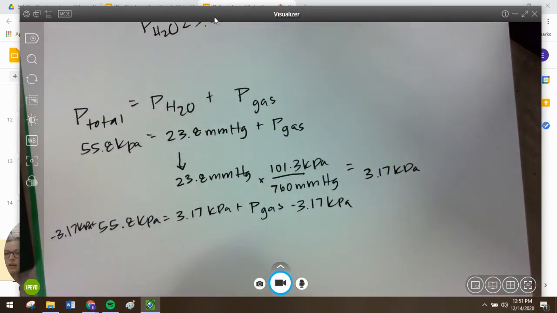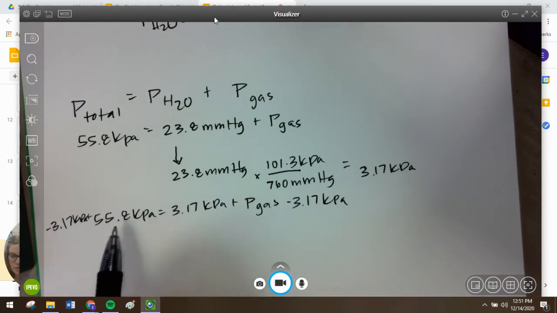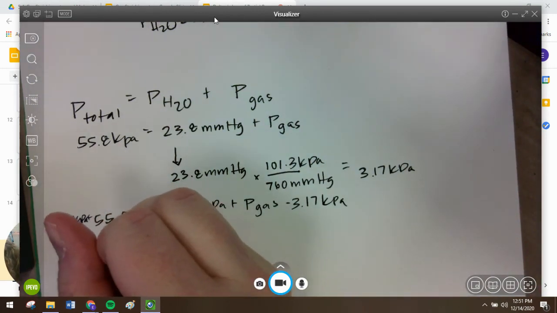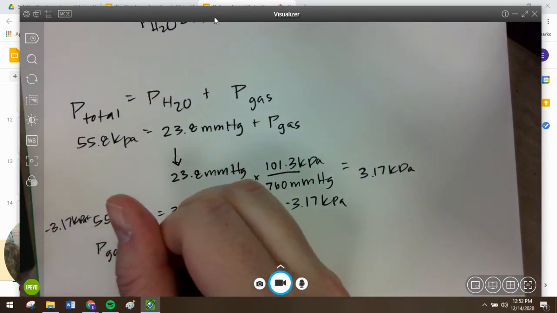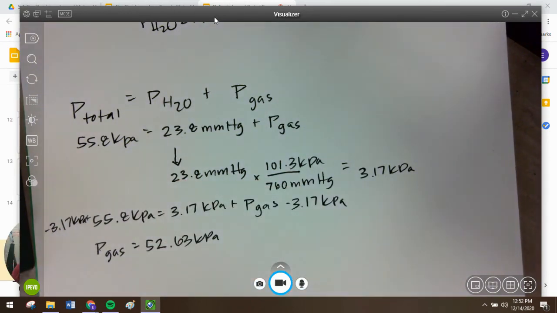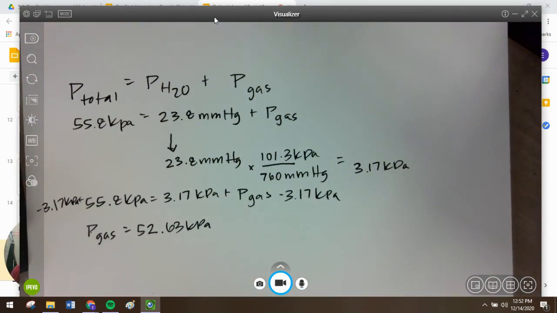I've got 55.8 minus the 3.17, and the pressure of my oxygen gas then is 52.63 kilopascals. So you just have to do that subtraction. Please be aware that this is something that you are going to run into and that you should be prepared for it. It's always coupled with some other type of law, so just be ready for it, all right?